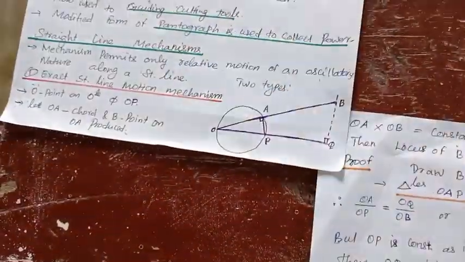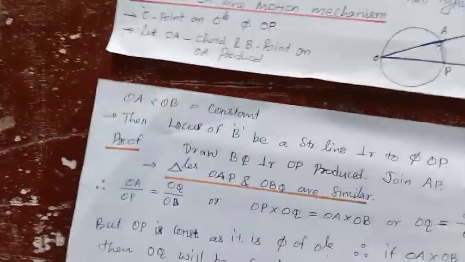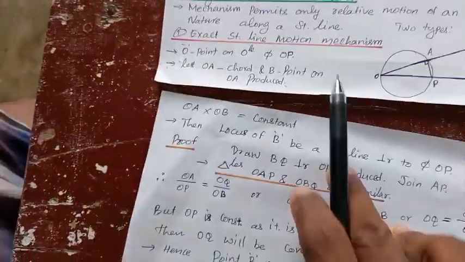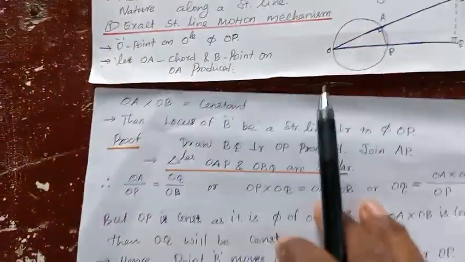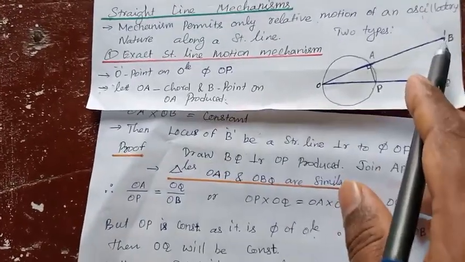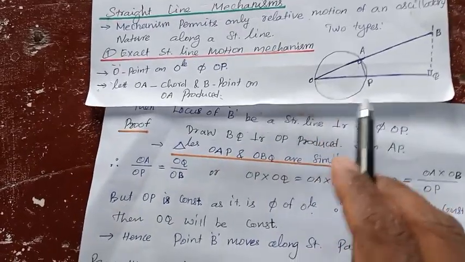Draw BQ. Here you see, first of all OA into OB equals a constant. Then the locus of point B is always a straight line perpendicular to OP produced.